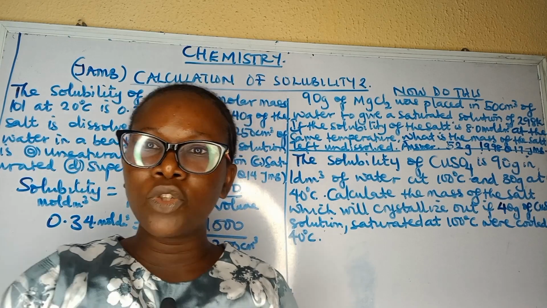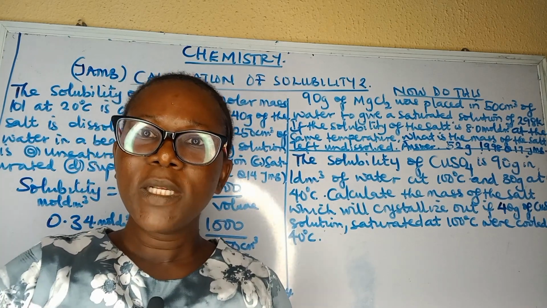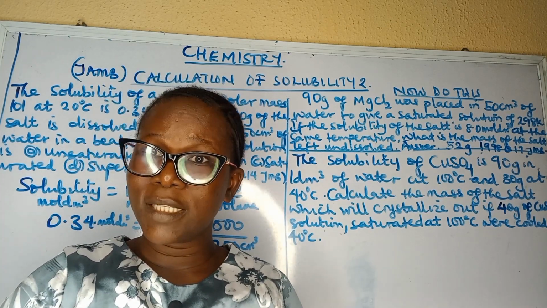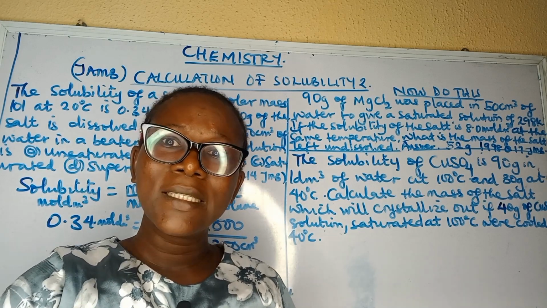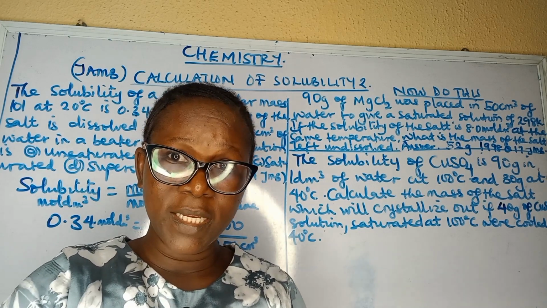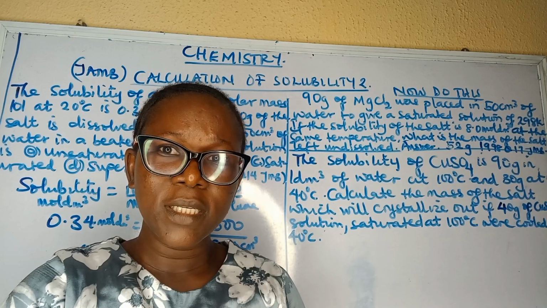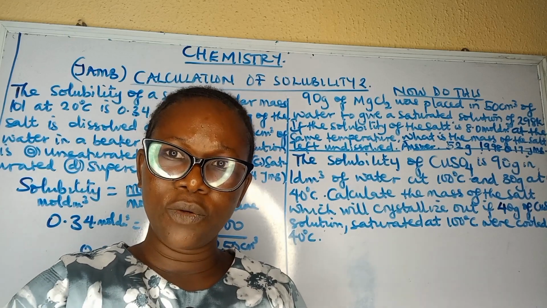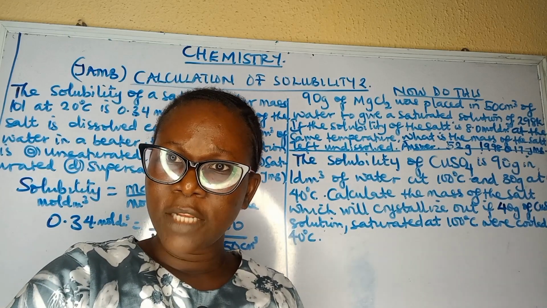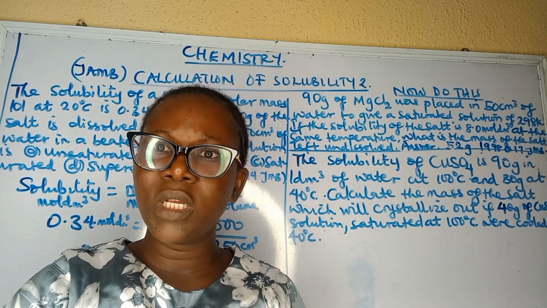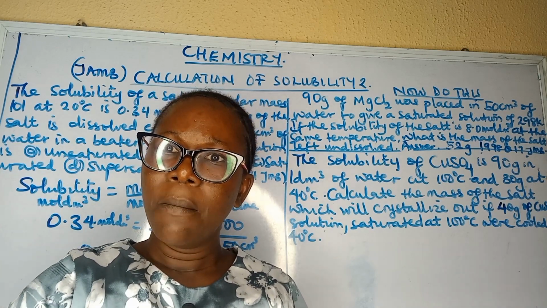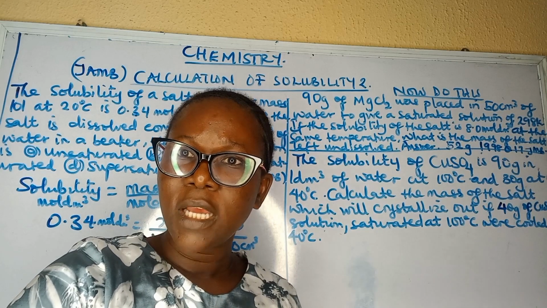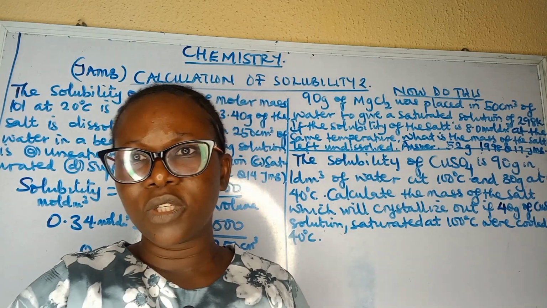And a supersaturated solution is a solution that is saturated, and you can force it by increasing the temperature. You take a saturated solution that has undissolved solute, then you increase the temperature by heating, and you force the undissolved solute to dissolve.